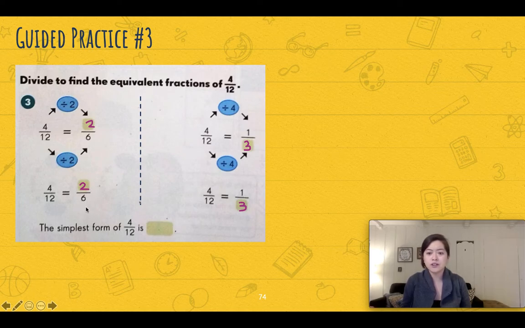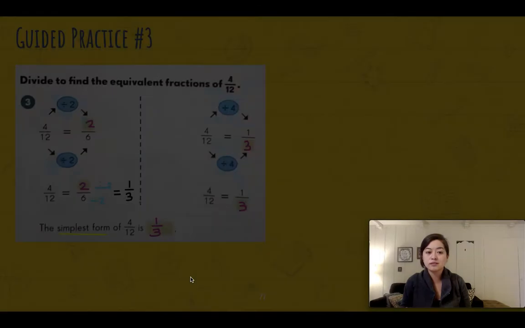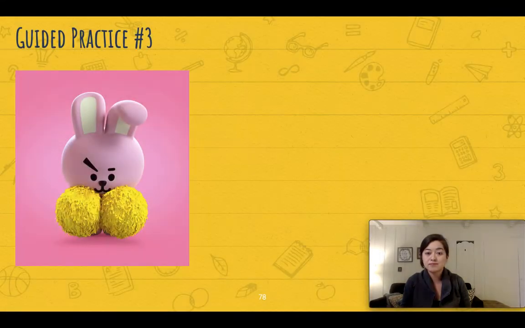I can think of another number that's the same number where I can divide the numerator and denominator by. It is 2. So 2 divided by 2 and 6 divided by 2 gives me the fraction 1/3. So the simplest form of 4/12 is 1/3.